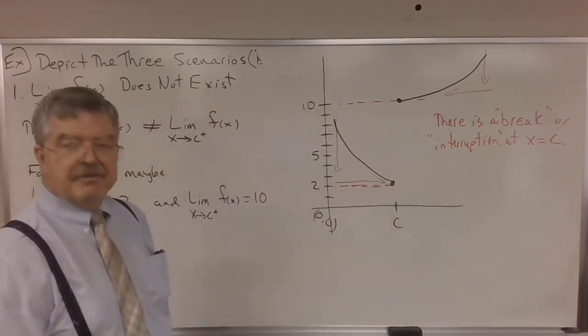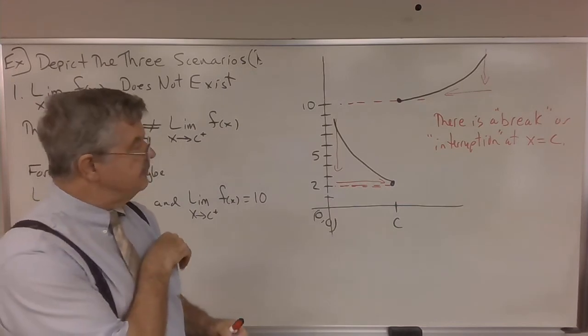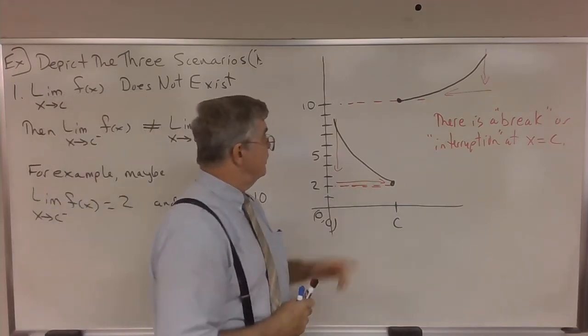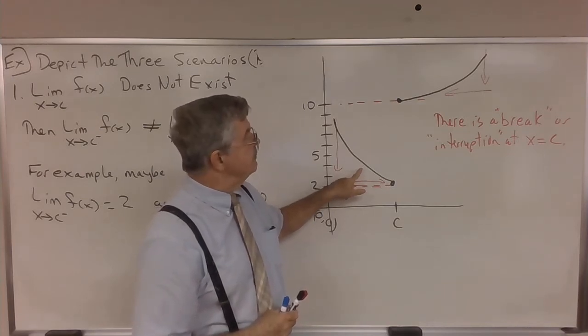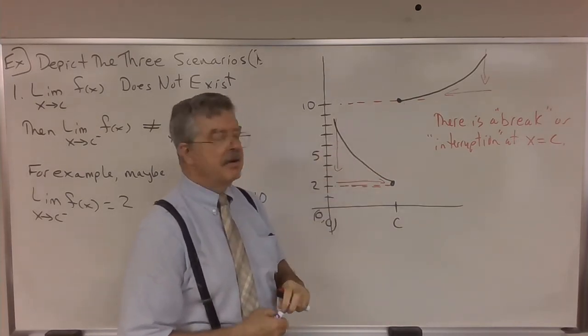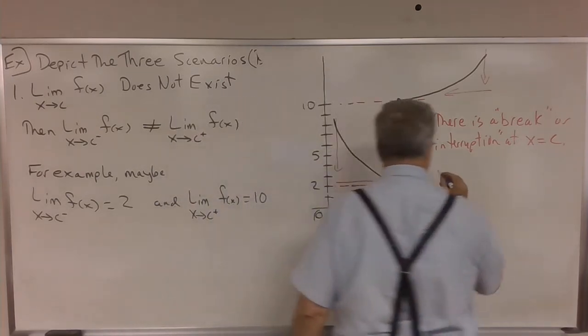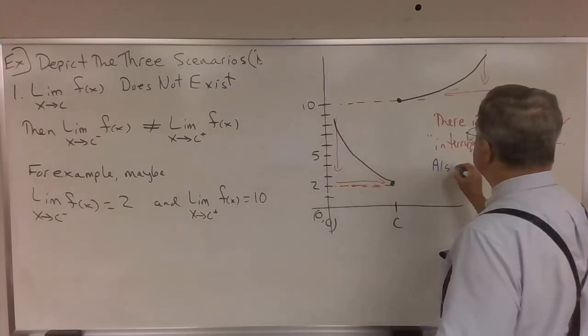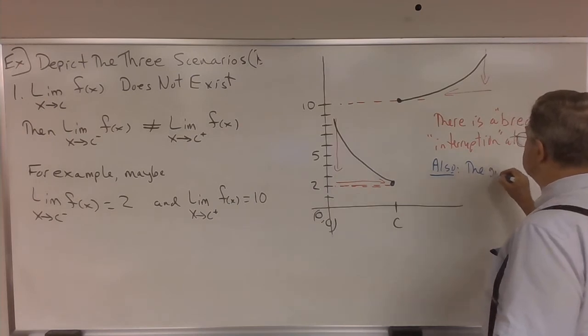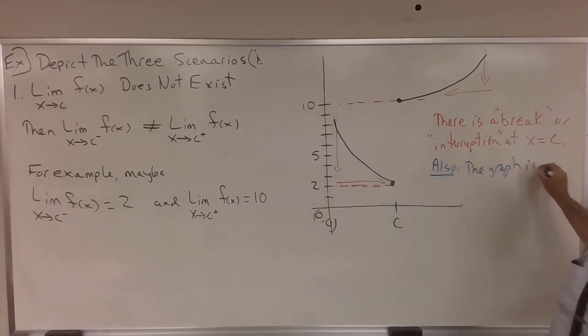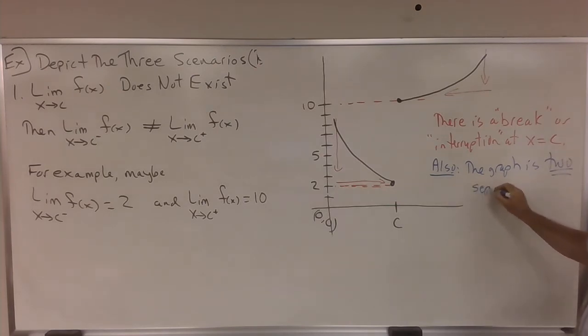Now we could also point to something else. The graph is not one connected piece, is it? One piece is down here, one piece is up here. So we might also mention this. The graph is two separate pieces.